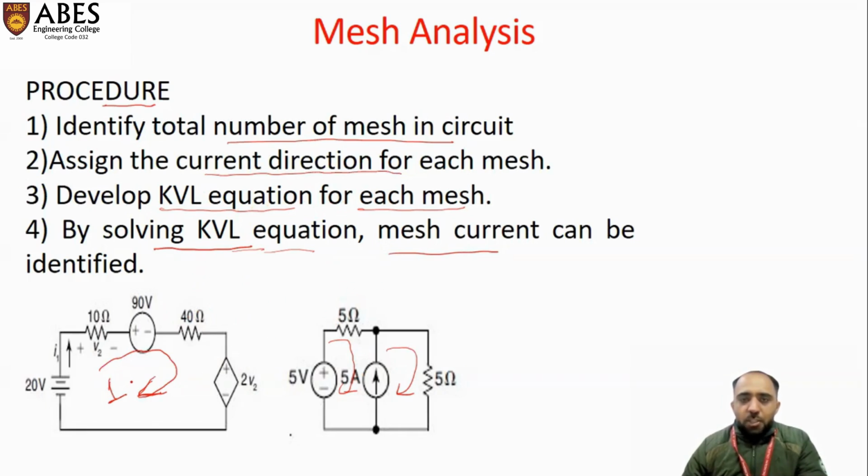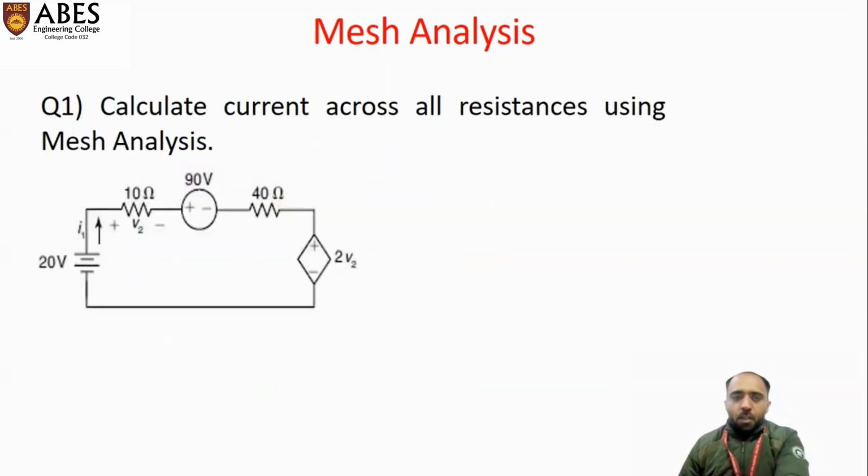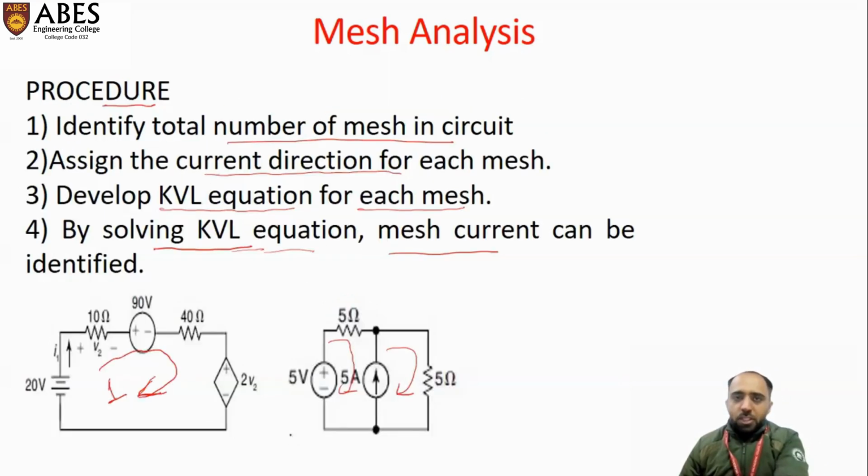In the first circuit, there is only one mesh, so one current can be identified. In this particular circuit, two mesh currents can be identified. So this is the simple procedure we need to follow for mesh analysis.